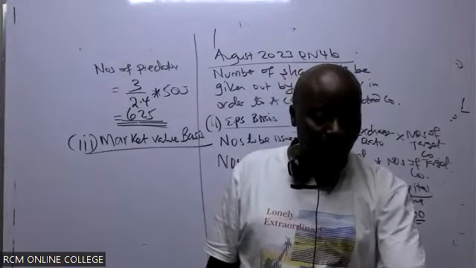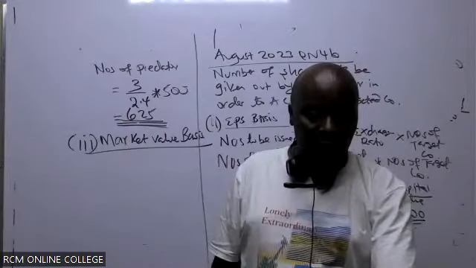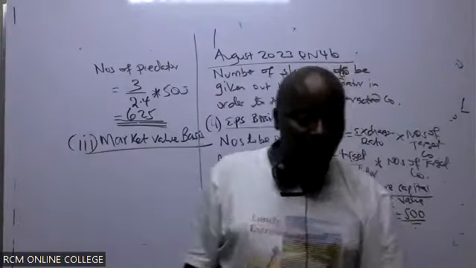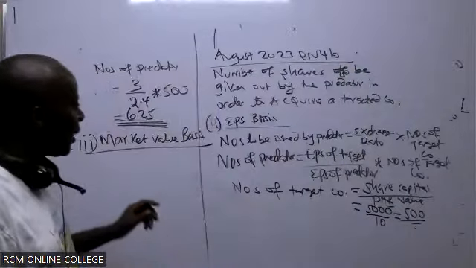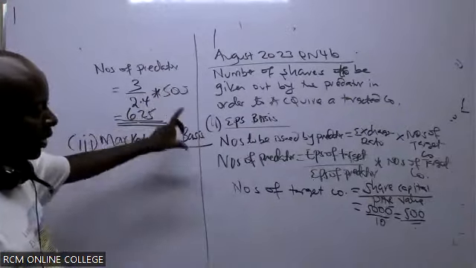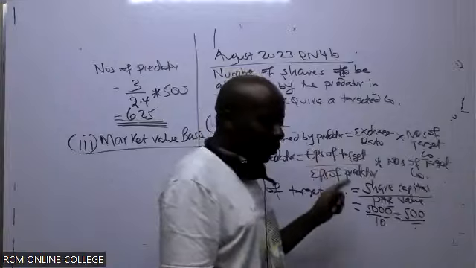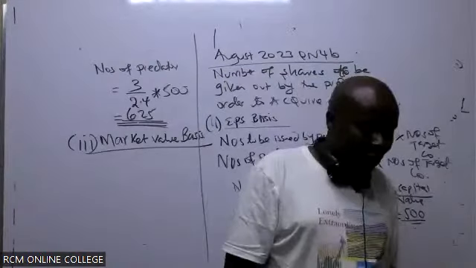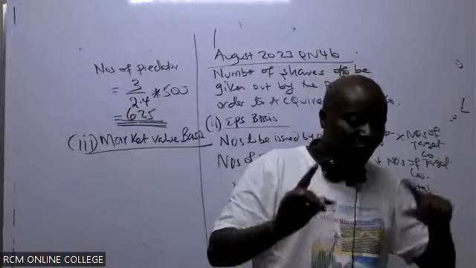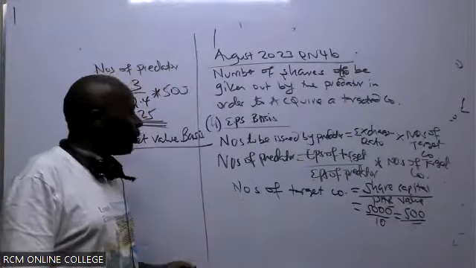You'll be able to see the current earnings per share. Bero is 3. Akon is 2.4. That's how we got the exchange ratio of 3 and 2.4. And then we obtained this 500 by taking the number of shares of the target company, taking the share capital. If you look at the first table given, the balance sheet, the ordinary share capital of Bero is 5,000. We divide by the par value there, which is shillings 10. I hope that is helpful.